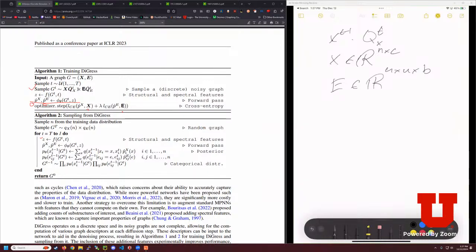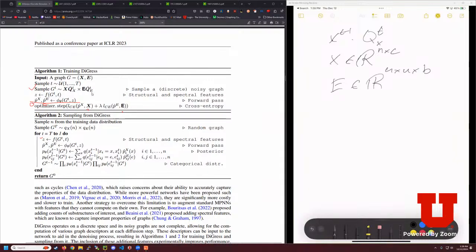And then they extract some features Z with this F, maybe some kind of neural network? F is not a neural network. They have a list of features they extract from the graph, so these are predefined functions for the graph.